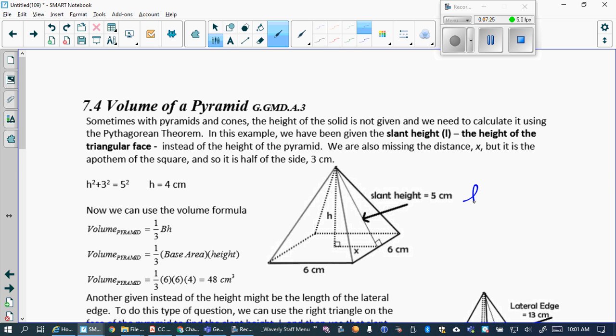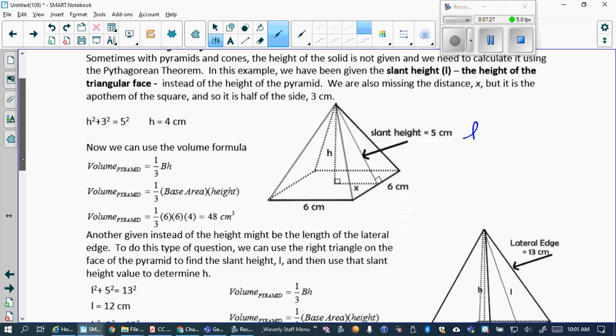So in this case, we have to use the Pythagorean theorem to get our H. But what about the X down there? What's that? Half of the 6, right? So that's 3, and the slant height is 5. So Pythagorean theorem, we're what?